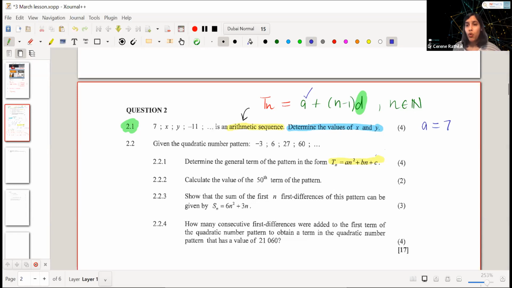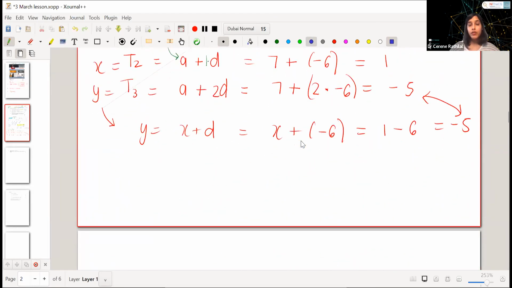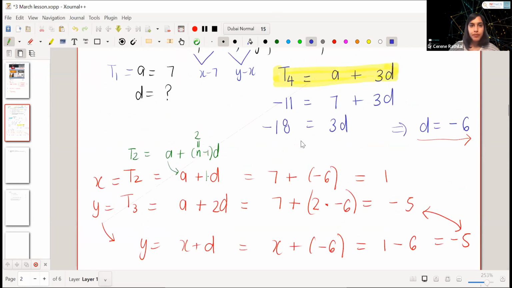So I need to find A, B and C. That's the point of this question. And we are given the sequence: minus 3, 6, 27, and 60. I'm going to write it down below and we're going to perform the calculations.